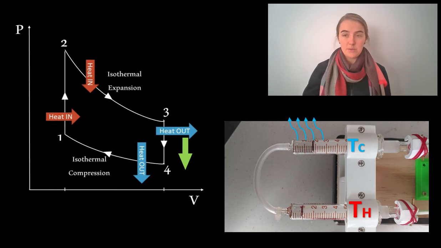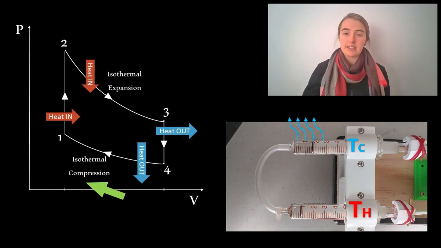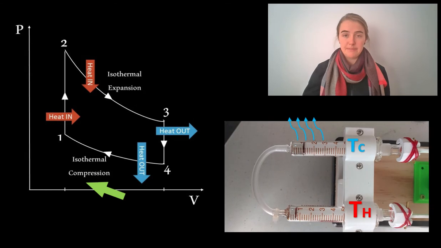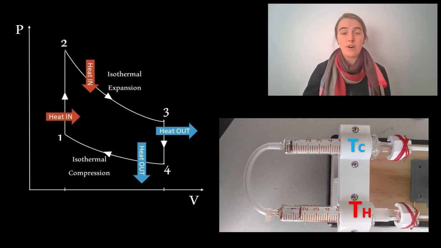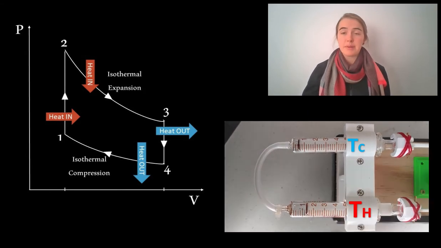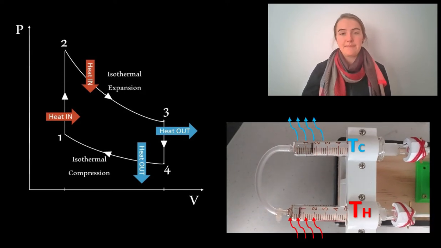Heat flows out of the working fluid until we reach Tc, again with volume constant and pressure decreasing. Then at point 4, we have an isothermal compression at Tc and volume decreases to a minimum. Our final step is again a mechanical shifting of working fluid from the cold reservoir to the hot reservoir, facilitated by the momentum in the flywheel. Our cycle can now begin again.